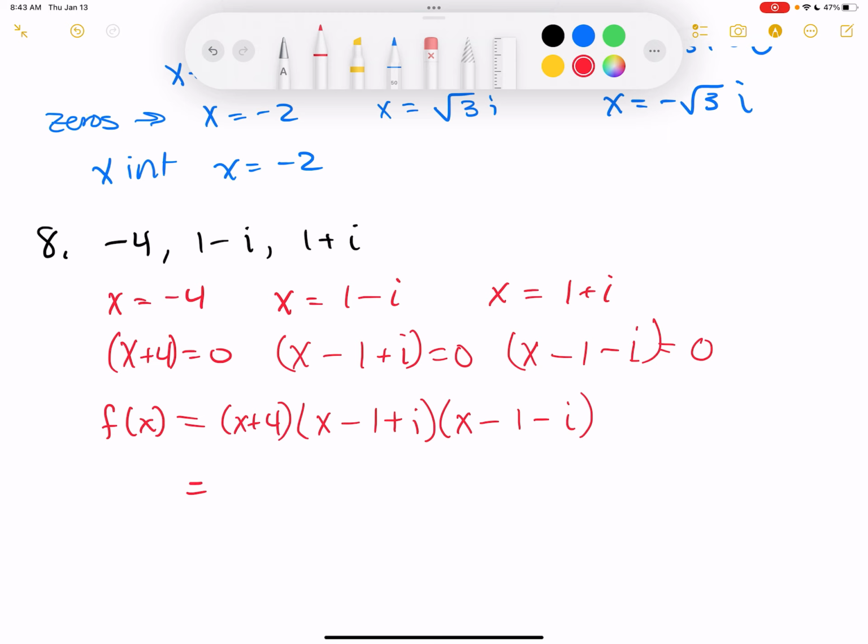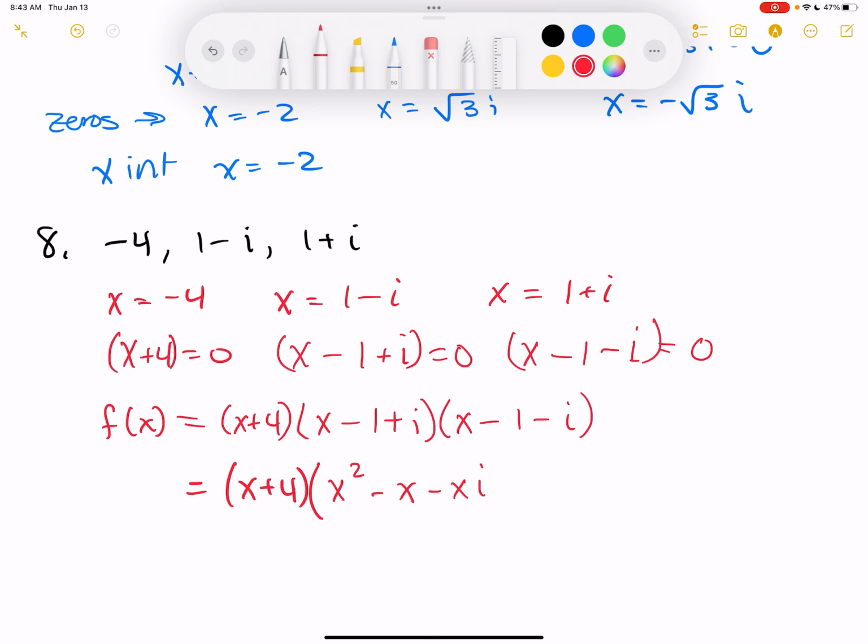Alright, for right now, I'm going to deal with the one with the i's first, just because I want to get it out of the way. So I'm going to bring down the x plus 4. Now I'm going to superfoil. I'm going to have x times x, so x squared minus x minus xi.